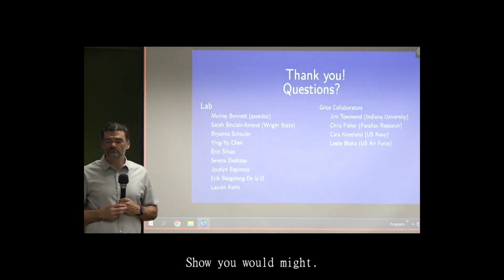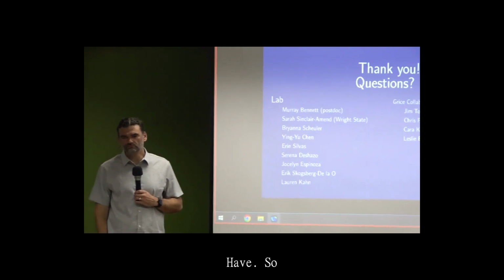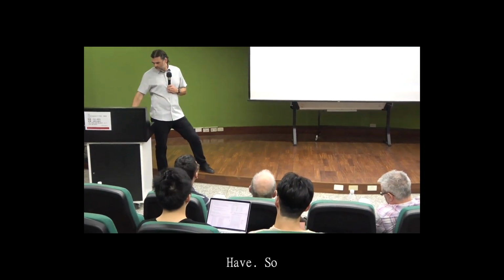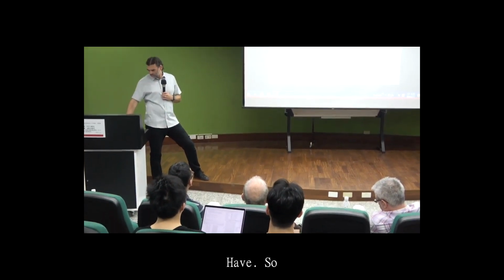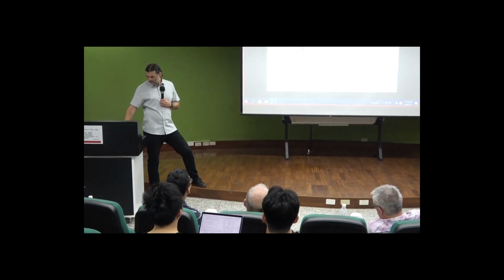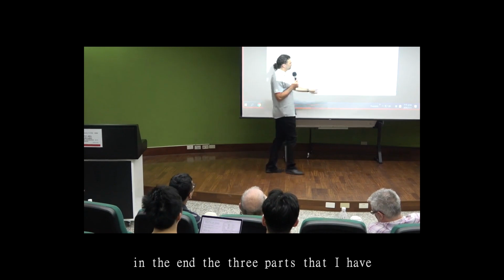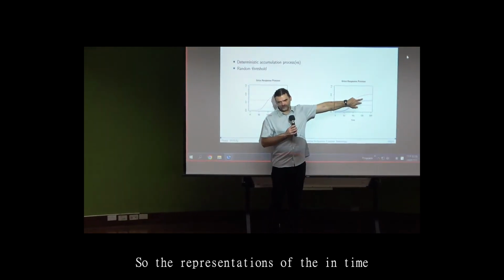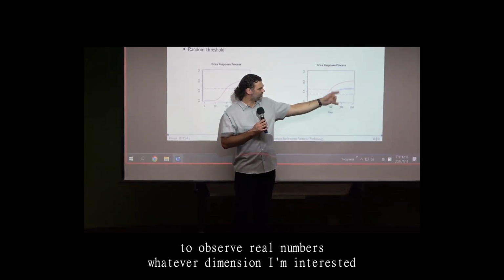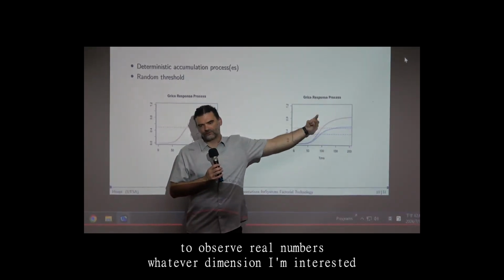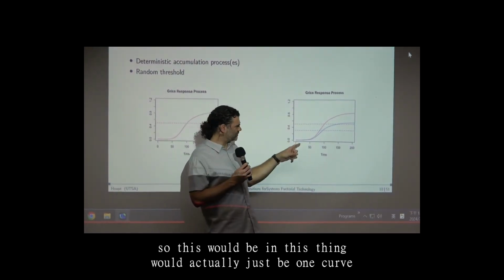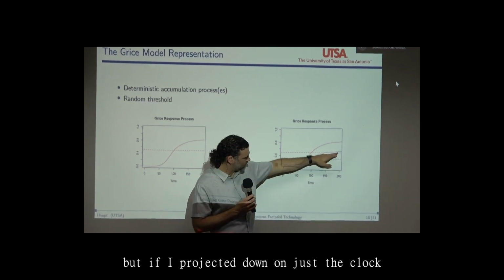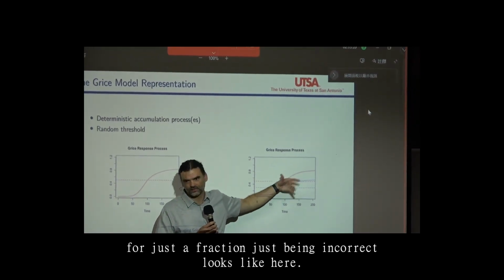Joe, could you remind me how the Grice representation explains this? In the 3D plots that I have, these are actually a single line. The Grice representation is a mapping from time to positive real numbers, in whatever dimensionality of the choices you have. So this would actually just be one curve in that 3D plot. But if I project it down onto just the correct and just the incorrect, that's what it looks like here.